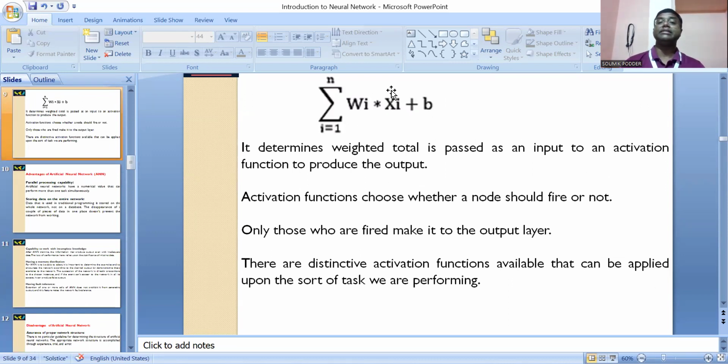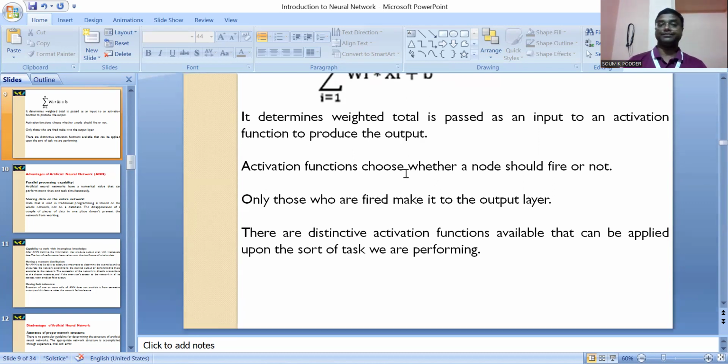When xi is absent, automatically the output will be b. That means whenever the system is totally off, not accepting any signal, it will still produce some sort of output, so it is not unproductive. That output is called the bias function.